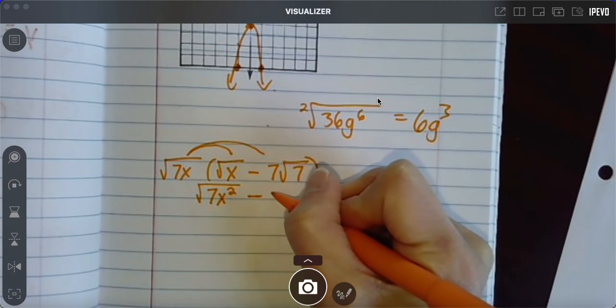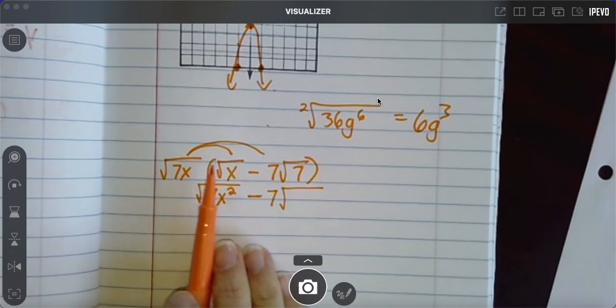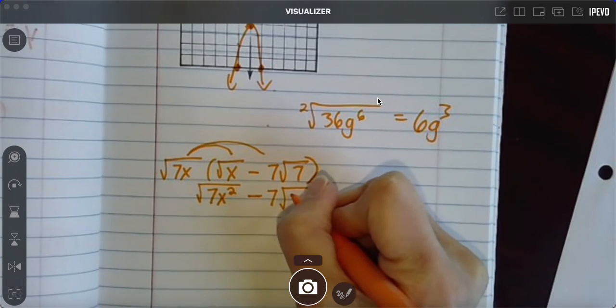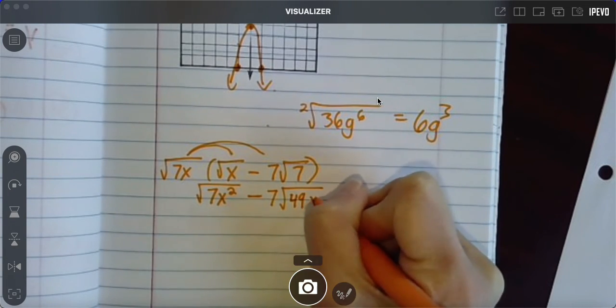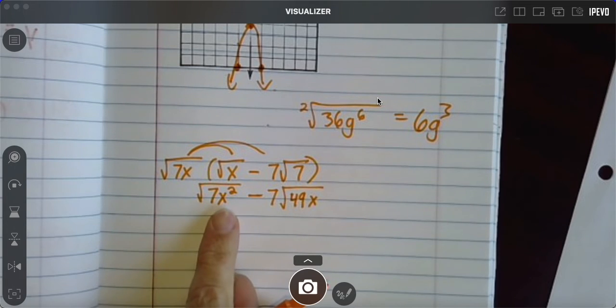Now my 7's going to go on the outside, and what goes under this square root? What's 7 times 7? 49, and I have my x. Now both of those things actually need to be simplified, right? So what can come out of here? What's the square root of x squared?